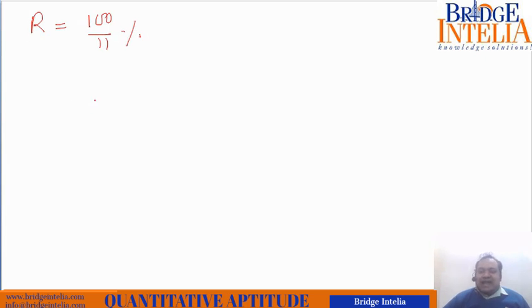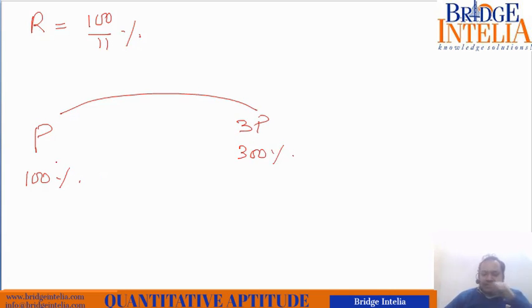Question says that earlier you have deposited in compound interest, but this time you have to deposit it in simple interest such that the amount is tripled. That means if you deposit P, that is 100%, the bank must give you 3 times, that is 3P. Simple interest. So you are expecting the bank to pay you extra 200%.